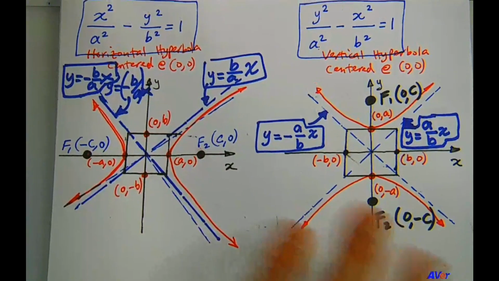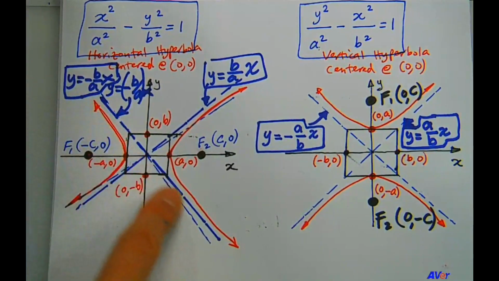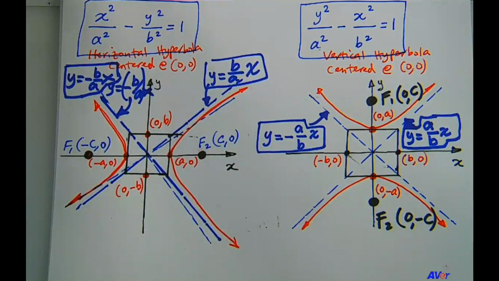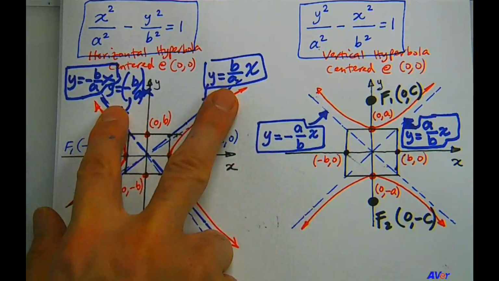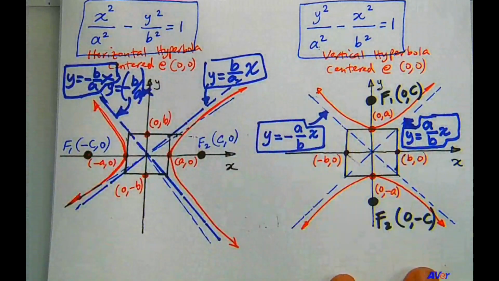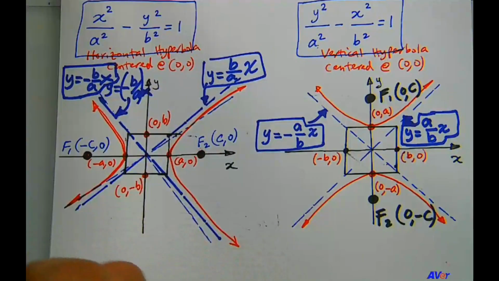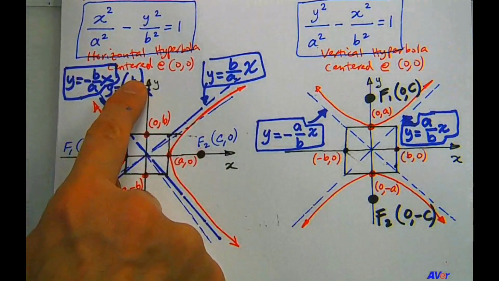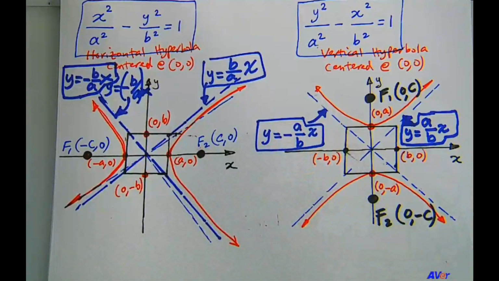The same thing on this side, minus b over a, because it's sloping downhill, and this is sloping uphill that way. Okay, so these are the things that are best memorized for each case: for the horizontal hyperbola, just plus or minus b over a times x. For the vertical hyperbola, plus or minus a over b times x. Okay.